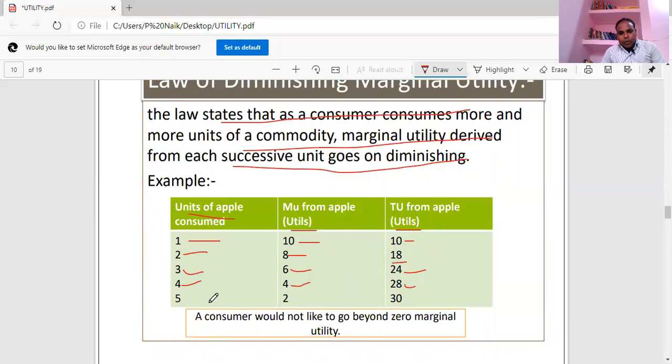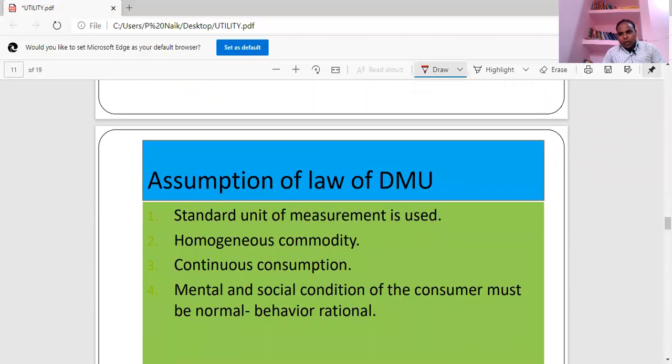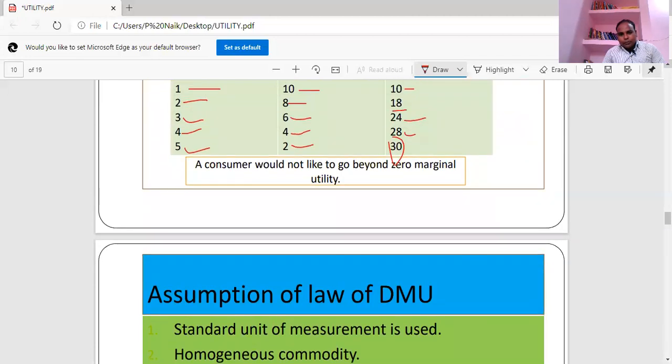And if we consume 5 units of Apple, the marginal utility is 2, and the total utility will be 30. So in this way, it shows the law of diminishing marginal utility.